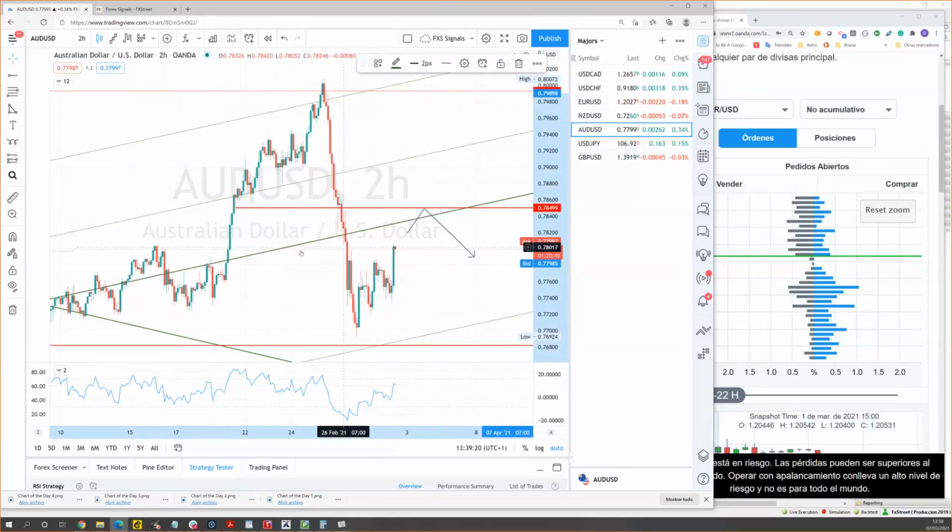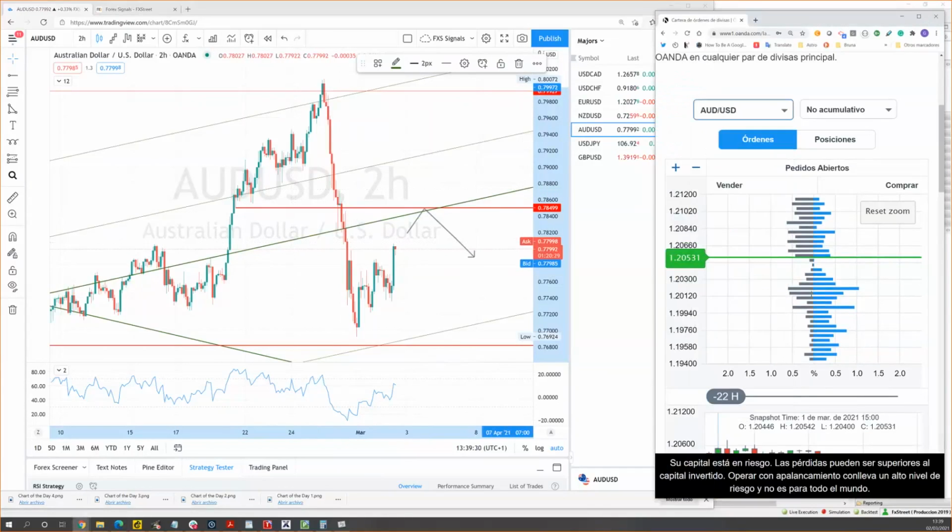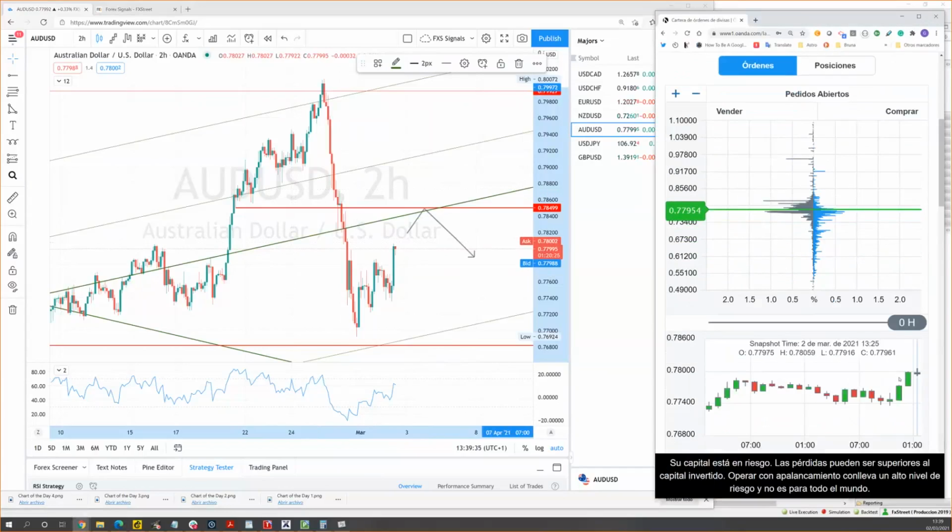So more or less, we are not exact here, but we see that there's potential. And if we look here at the Australian dollar from the order flow analysis, and we go to the most recent distribution, let's look at the 78.49 or 50.